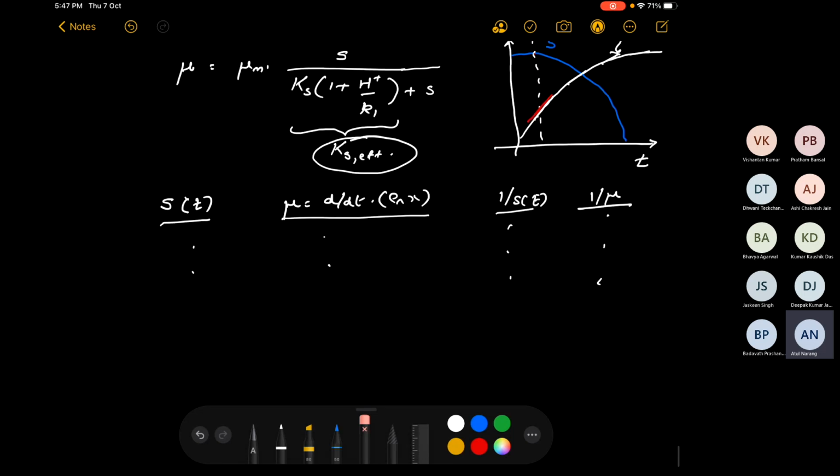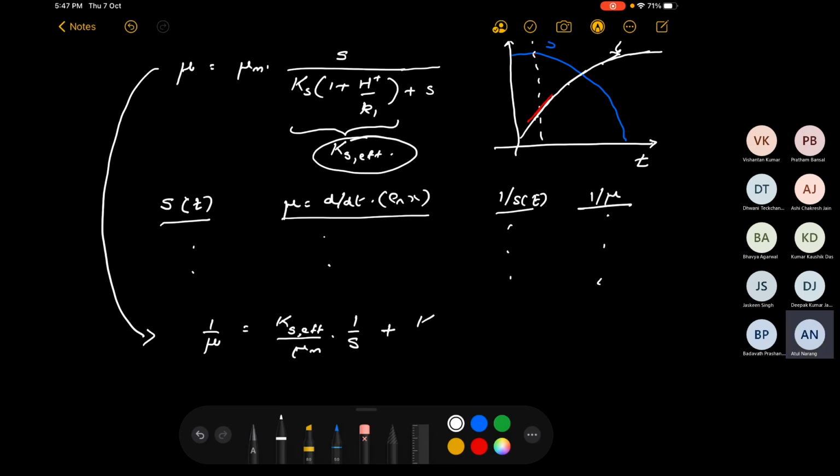Any hyperbolic equation when put in the reciprocal form will give you a linear equation. This equation implies that 1 over mu is equal to Ks effective divided by mu m, multiplied by 1 over S, plus 1 over mu m.